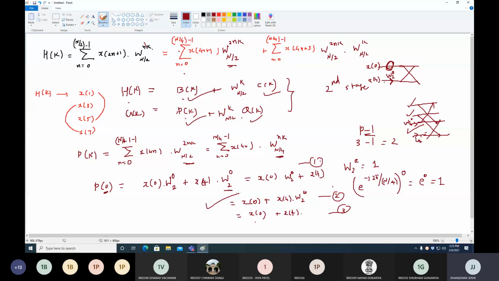So for the sake of maintaining the symmetry, let us take the second form of the equation, right? And can you now correlate the derived equation with the butterfly diagram we have drawn in the first lecture?